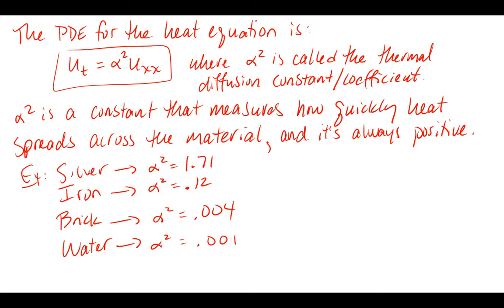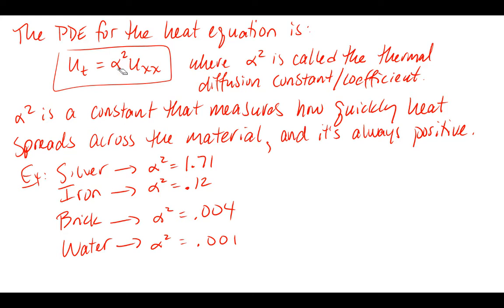I'm not doing a fancy crazy proof of why this actually holds up, but let's at least say that we trust people that have been using this for a long time to model heat flow and heat transfer, that this is accurate. But at least it sort of made sense in our example that we looked at last time.